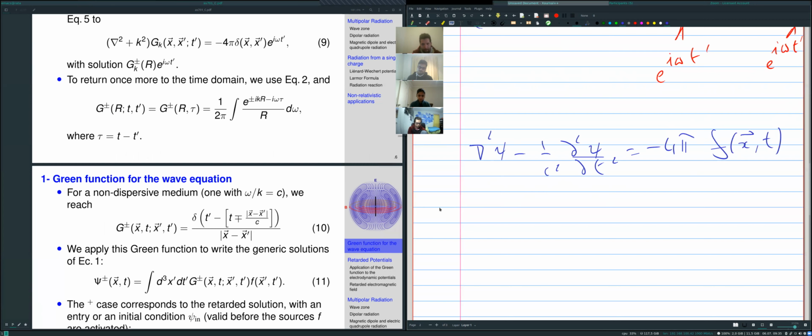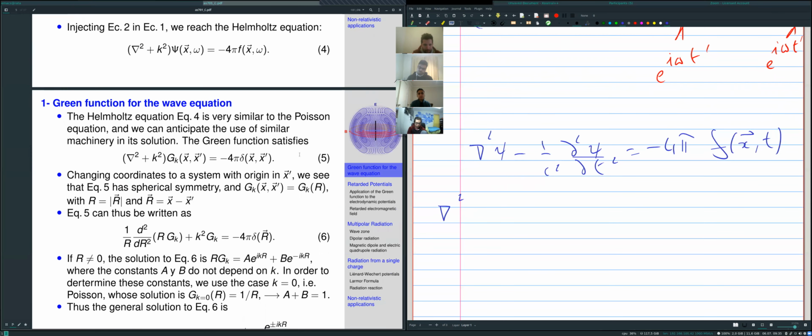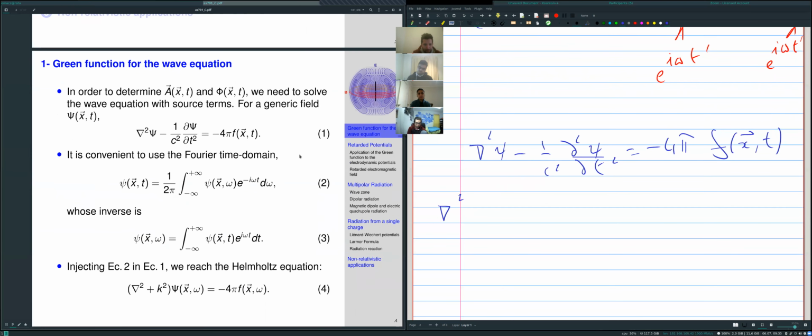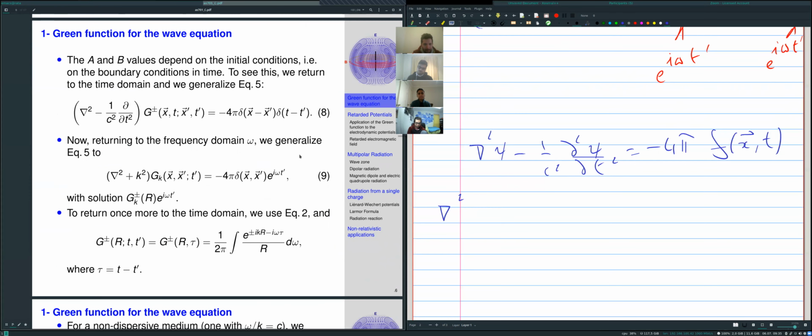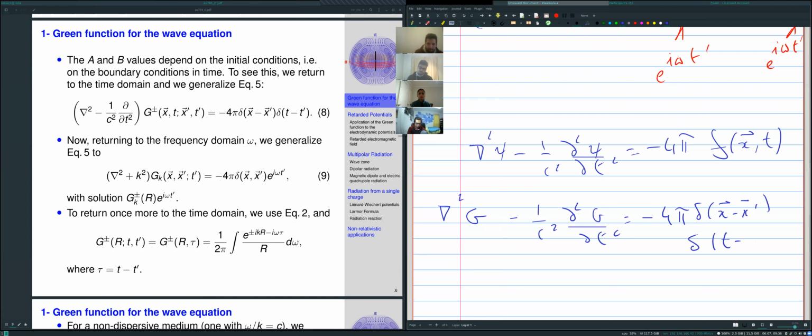We solved Nabla squared g minus 1 over c squared d2 dt squared g is minus 4 pi delta in x and delta in t minus t prime.